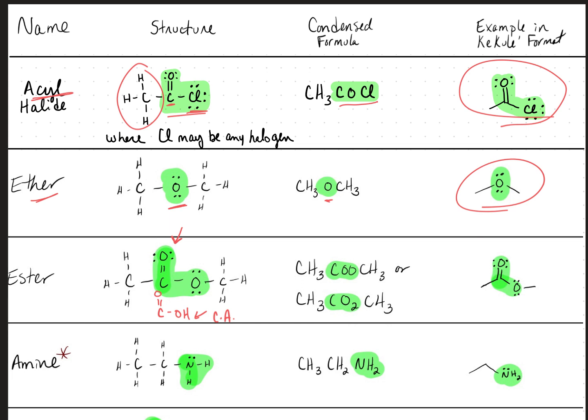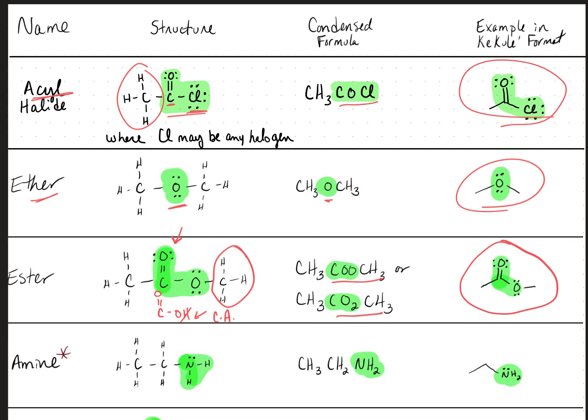Well, now we're replacing this hydrogen here with this CH3 or any other amount of carbons, and that is what makes it an ester. We can put the condensed formula in 2 different ways. We could say COOCH3 or we could say CO2CH3, kind of the similar way to what we did with carboxylic acids. Again, put your lone pair of electrons in there. Okay.